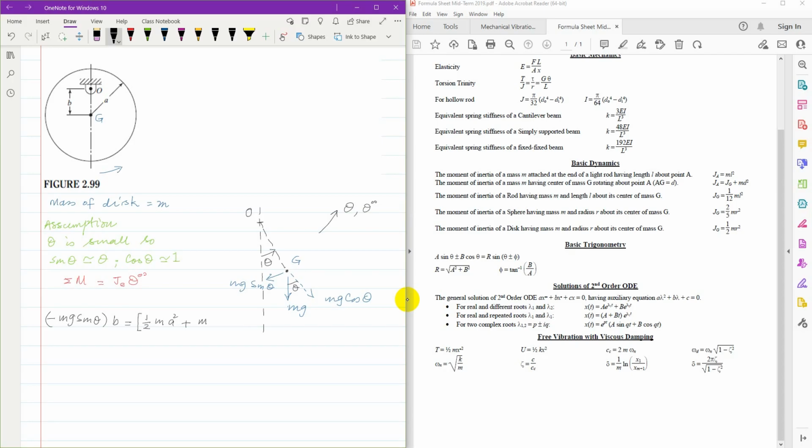So it is half m a squared plus m b squared, times theta double dot.